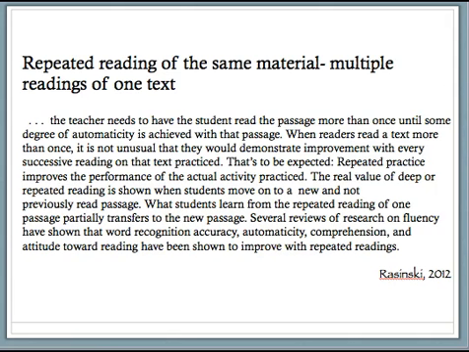And that they in fact may need that repeated reading of the same text in order to achieve that outcome. So the repeated reading may have a lot to do with automaticity, both at the word and the phrase level, and perhaps with phrasing and prosody.